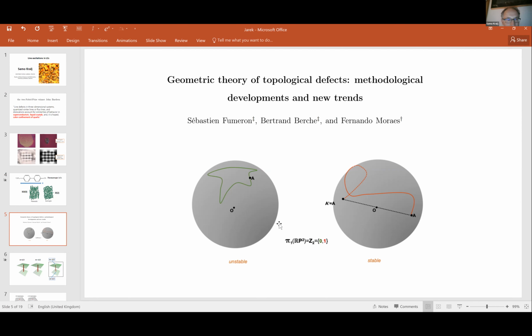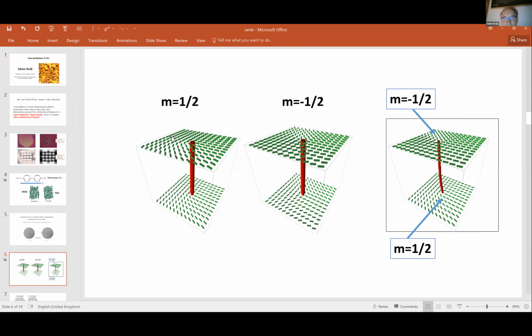So this is a two-dimensional chart. You just go around the defect, and you see how the field rotates when you go once around. So you have a winding number: for this one, you have 1/2, and for this one, you have -1/2. So this is a two-dimensional topological chart.